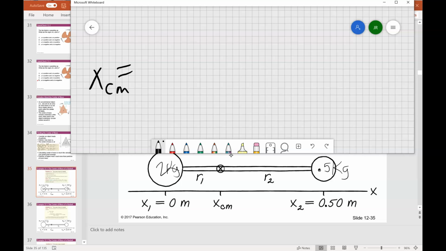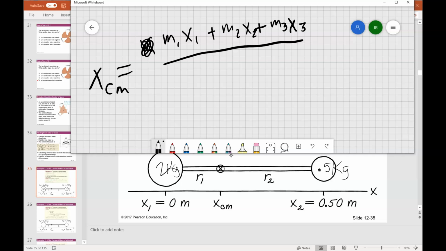So the center of mass is m1 x1 plus m2 x2 plus m3 x3 and so on, all over the total mass.